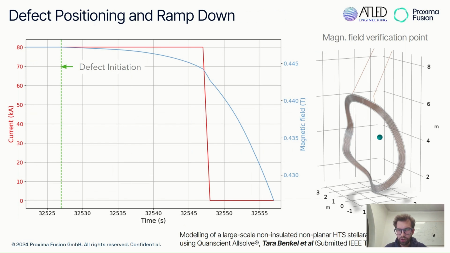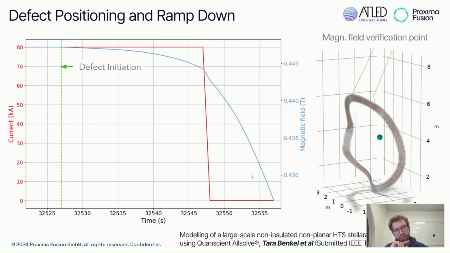First we do the quench detection. So we let the current keep going and heating the surrounding region, and then we do the ramp down. Here you see the current that goes from an outstanding 80 kiloamps down to 0.